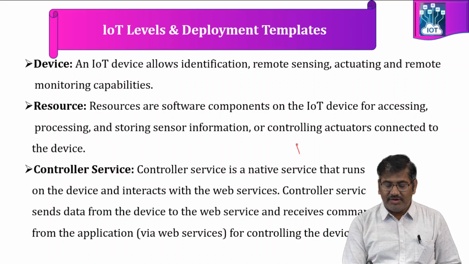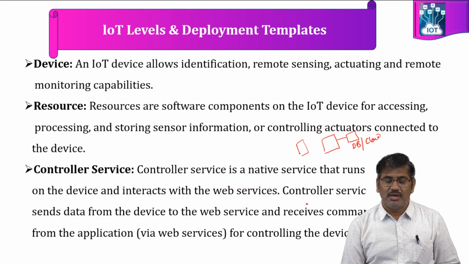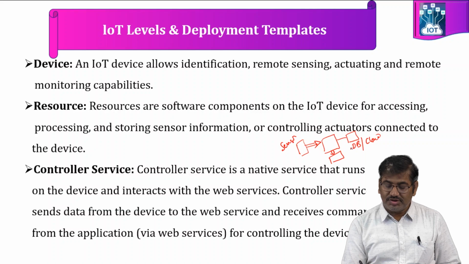So let us consider here we have a sensor. The data may be stored either in the database or in the cloud. Whatever sensed data we have will be processed by the processing unit. It may control the actuators, which are nothing but the outputs.